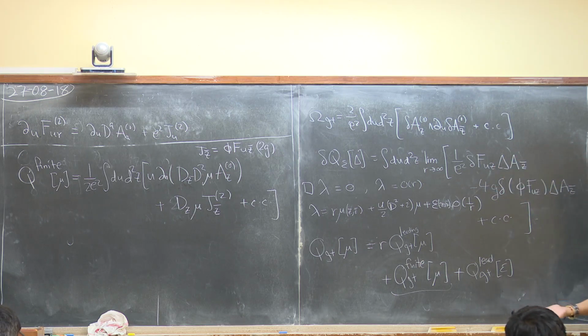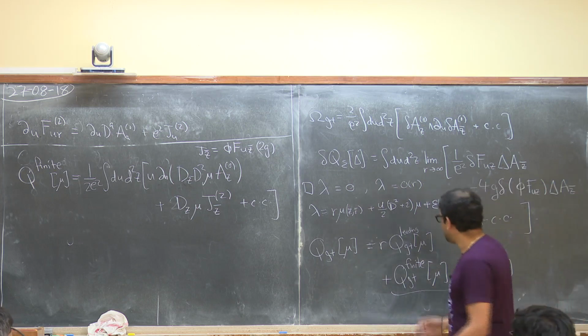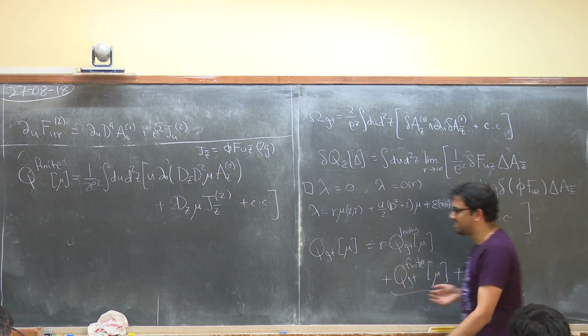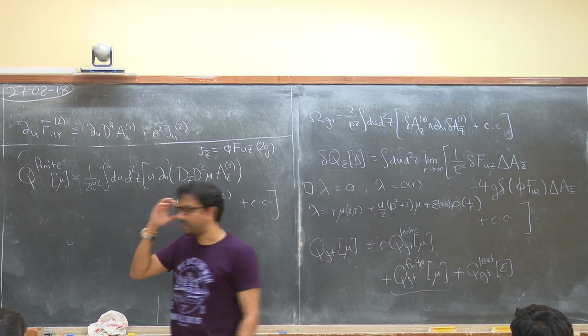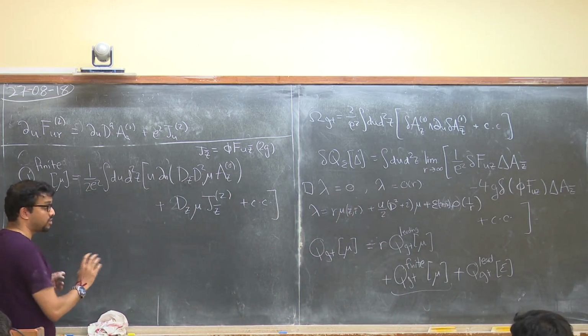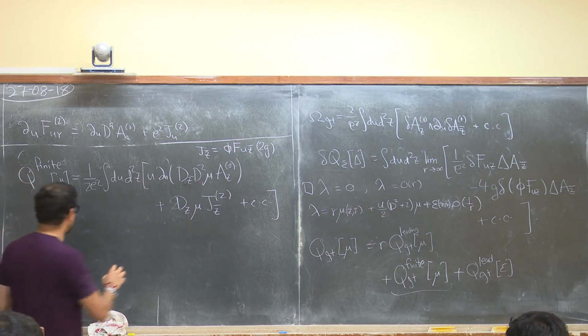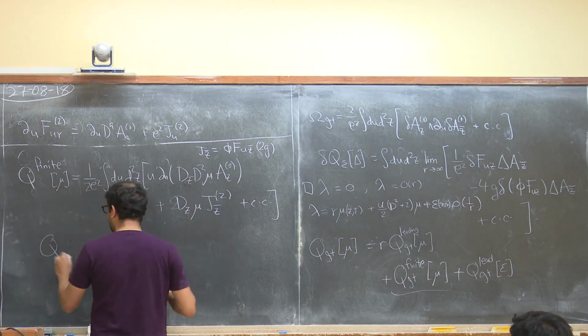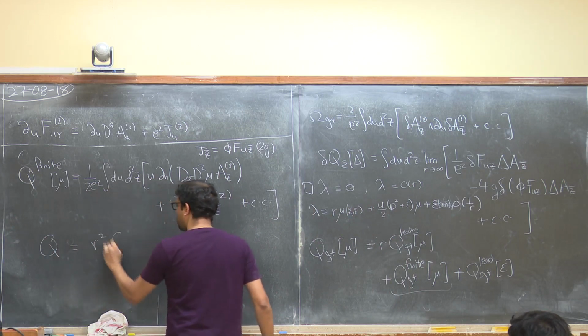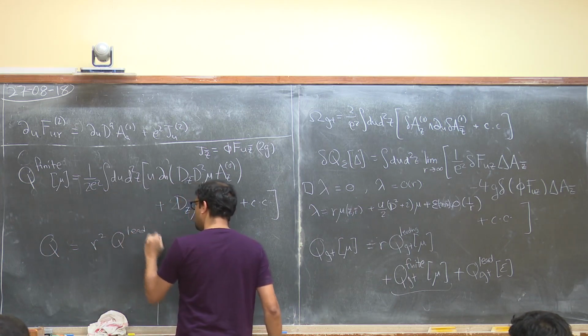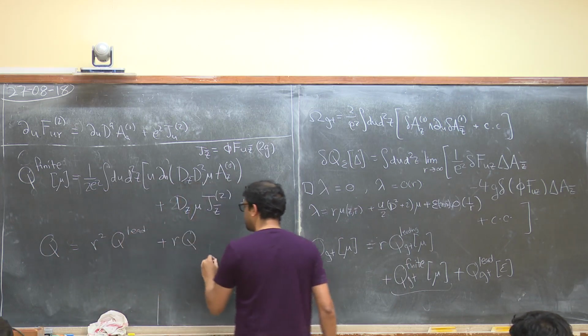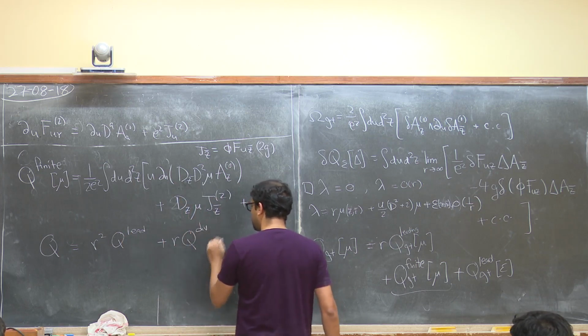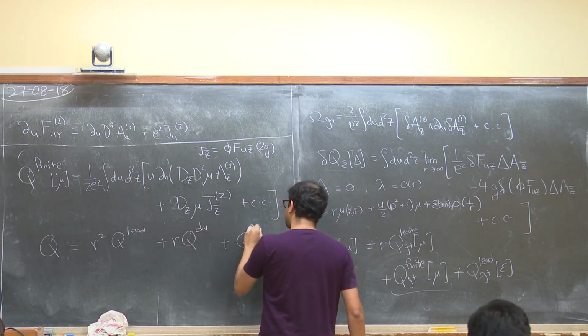So now that I'm allowed to do all of these order r terms, why can't I do order r squared terms also? And the answer is basically this: you'll never be able to write down a finite Ward identity, because if I allow for an order r squared divergent gauge transformation, the charge takes the form Q is r squared Q leading plus r times some Q divergent plus Q finite.